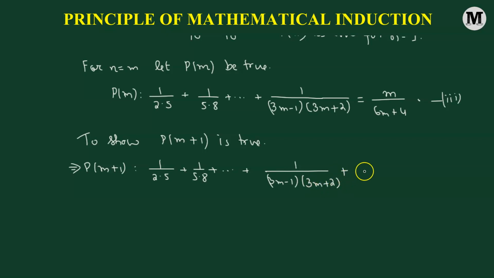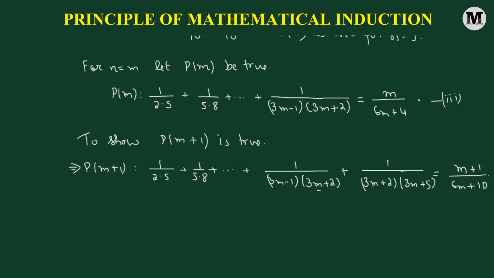But we're going to get one more term because we are considering the next consecutive term of m. So that's 1 over, replace that m value with m plus 1, so that gives us 3m plus 2, multiplied by 3m plus 2 with m replaced by m plus 1, which gives us 3m plus 5. So we have to show that this is equal to m plus 1 divided by 6 times m plus 10.